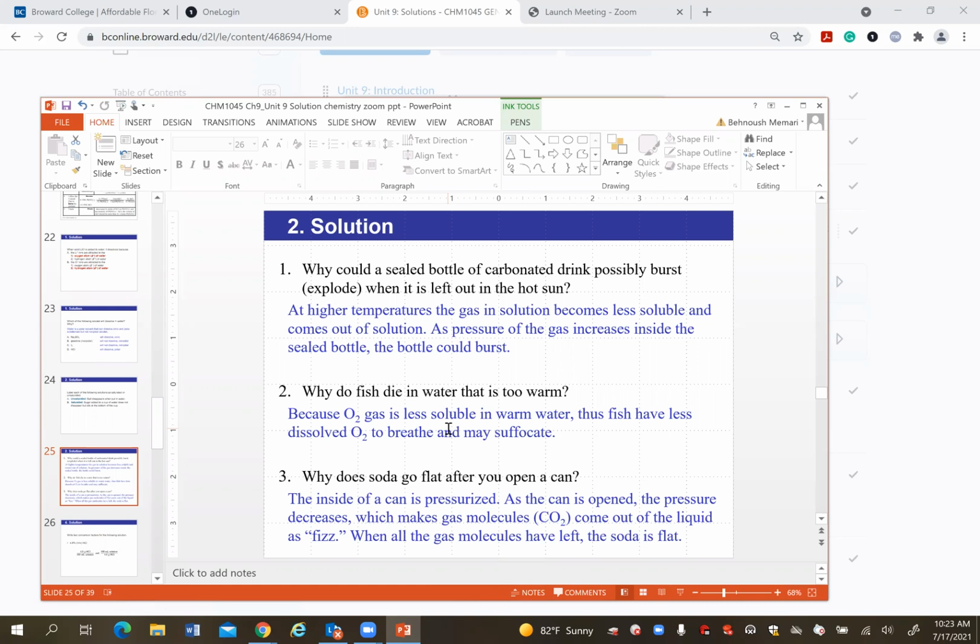Or if you have cold soda, you put it in a glass and leave it on the table for 2 minutes, you would see bubbles forming on the side, the wall of the container. An open can: the soda would get flat when you open the can, because of the pressure.